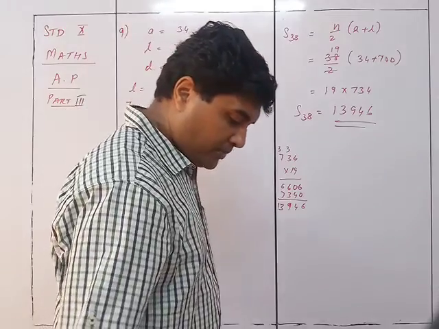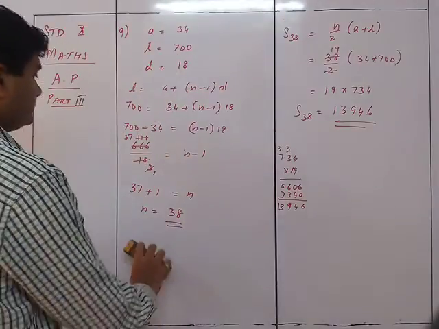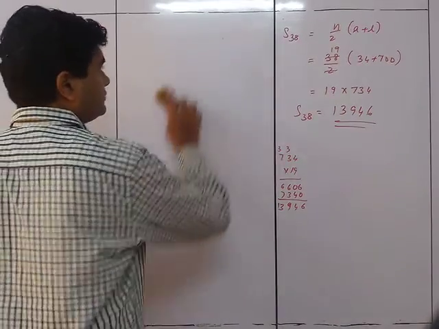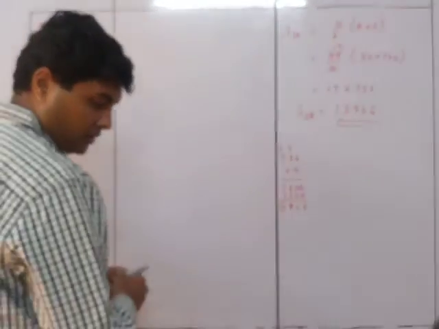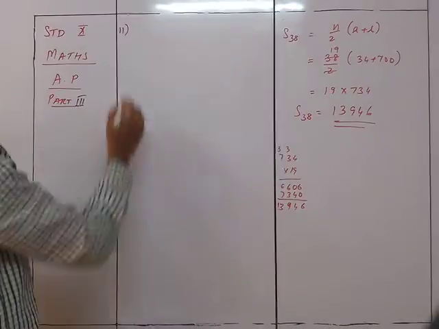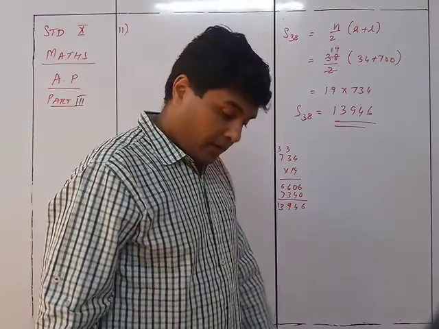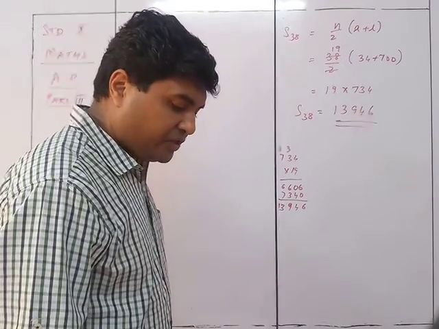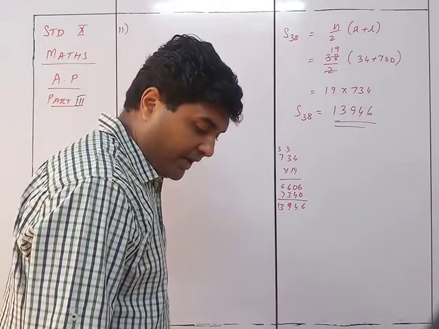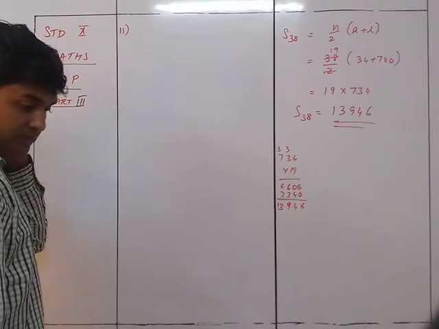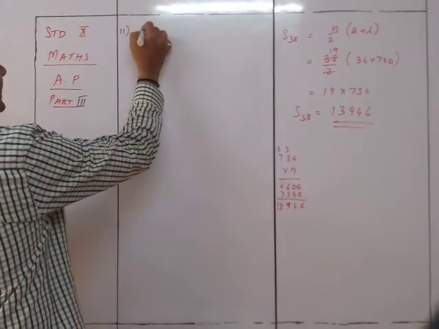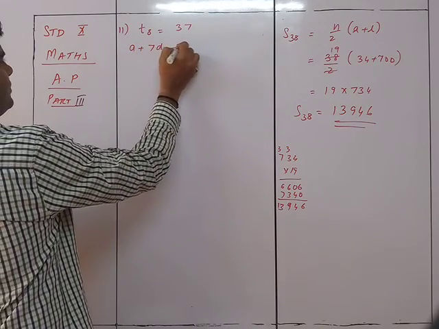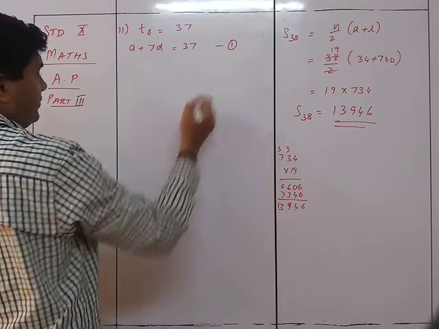We now move on to sum number 11. If the 8th term of an AP is 37 and the 15th term is 15 more than the 12th term, find the AP. So T8 is equal to 37, so A plus 7D is equal to 37. That gives me the first equation.